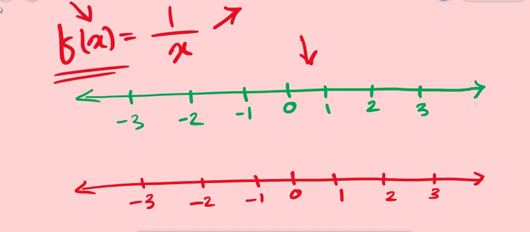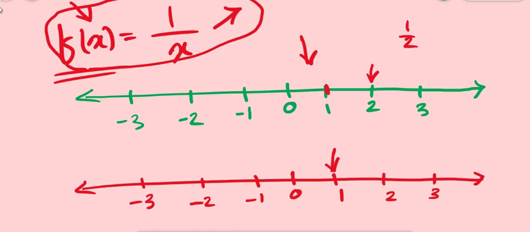So let's input 1 in the function. If I input 1, the result is 1 by 1, that is 1 here. What if I input 2? The input is 2. What's the result? The result is 1 by 2.